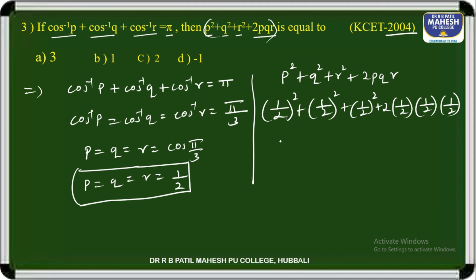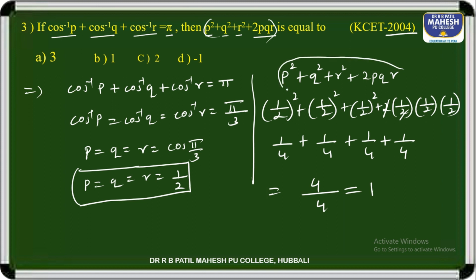On solving, 1 by 2 the whole square is 1 by 4 plus again 1 by 4 plus 1 by 4 plus here 2 and 2 I will cancel out. So 1 by 2 into 1 by 2 remains, that is again 1 by 4. So on addition in the numerator 4, the LCM will be 4, then 4 by 4 is going to be 1. The value of this expression I am getting as 1. So option B is going to be the correct answer, because option B consists of 1. Hence this is the solution for question number 3.